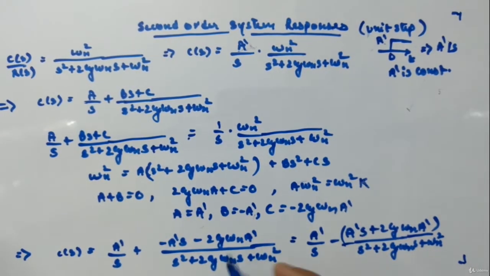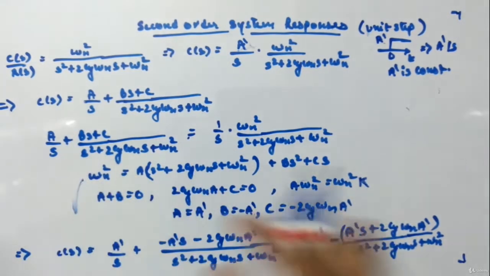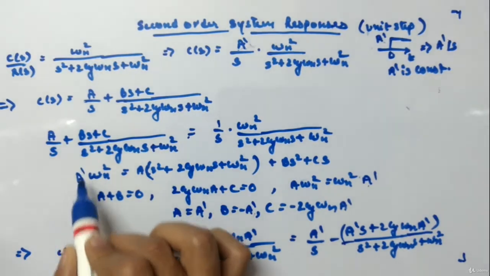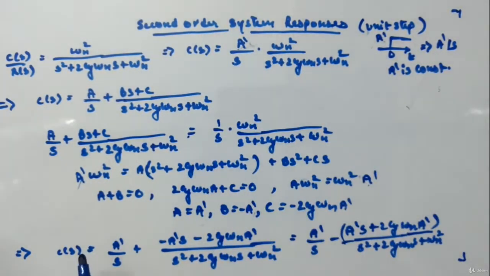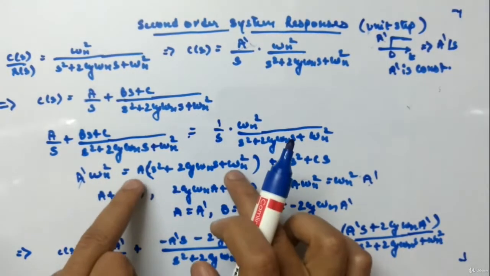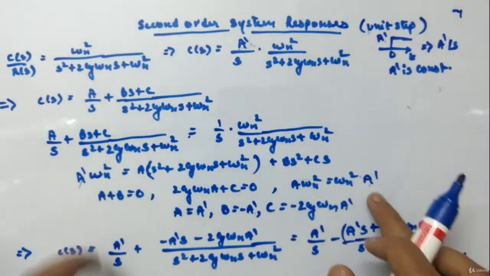Sorry, this should be A dash, because of this term. So if you compare, you get A omega n square is equal to A dash omega n square.